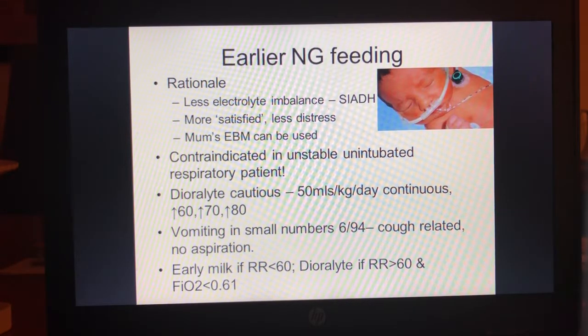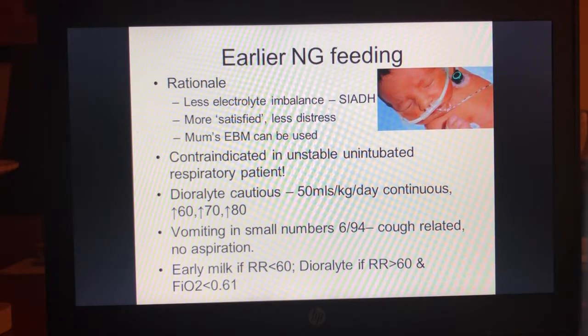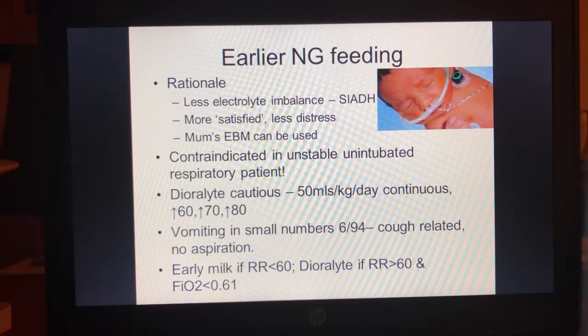And you'll remember from the previous slide that vomiting is part of the kind of side effects, or certainly some of the symptoms that we see in children with bronchiolitis on respiratory support, and that this is often cough related, and in none of our patients was there any evidence of aspiration.